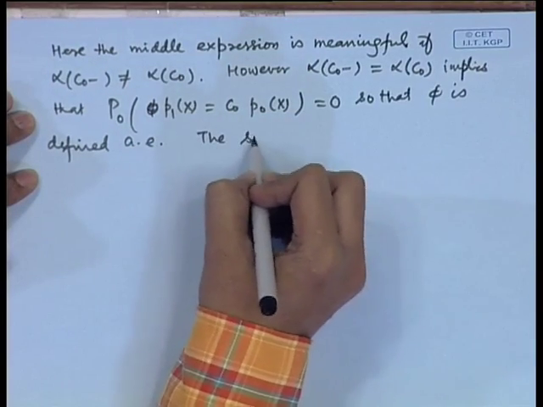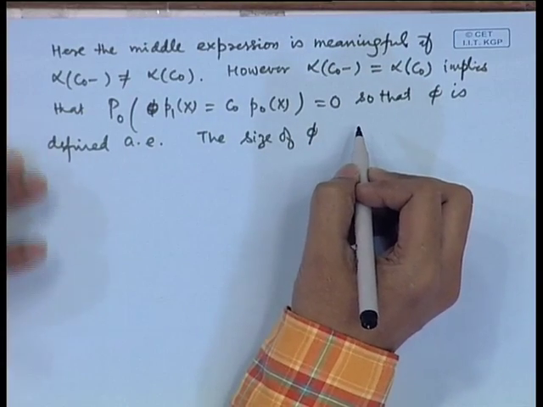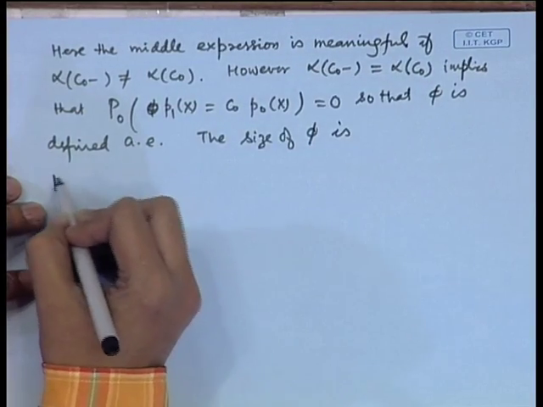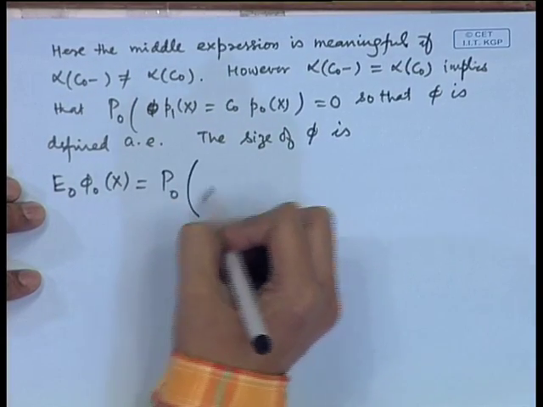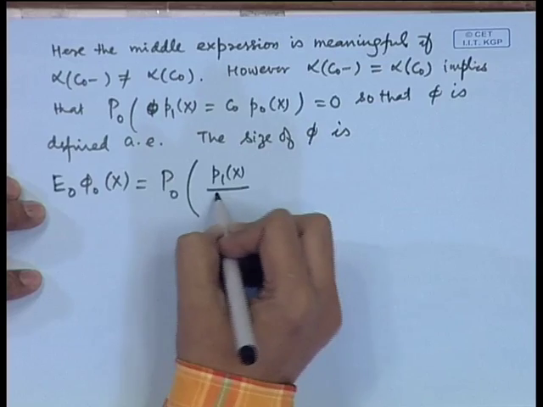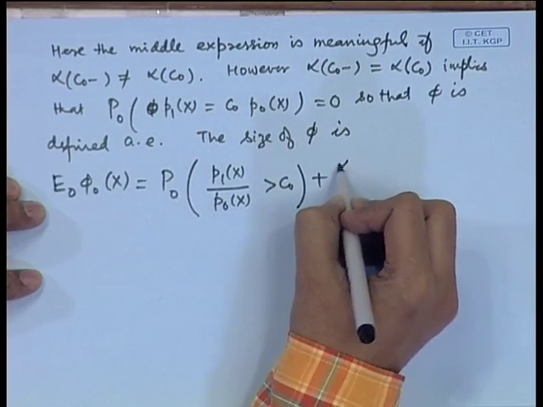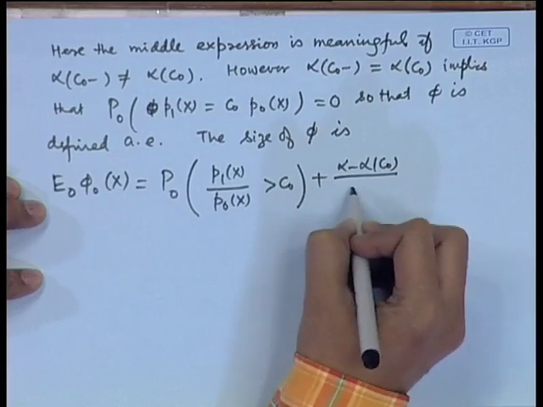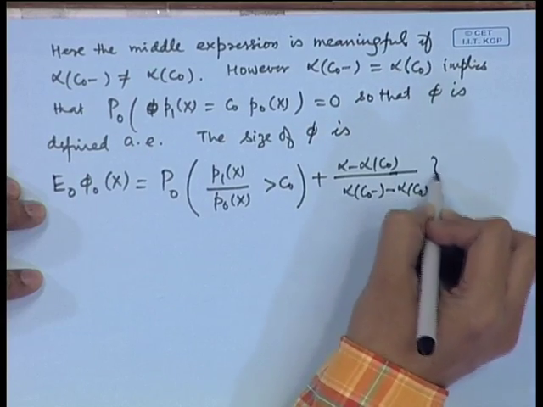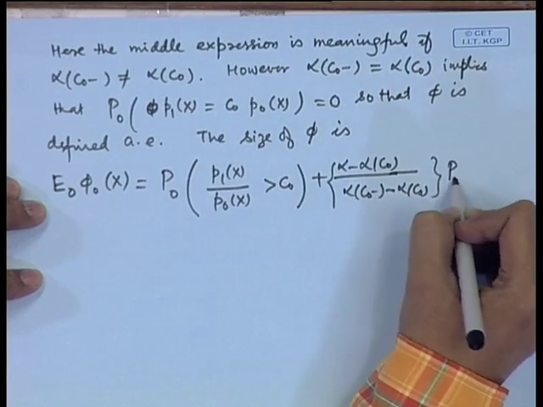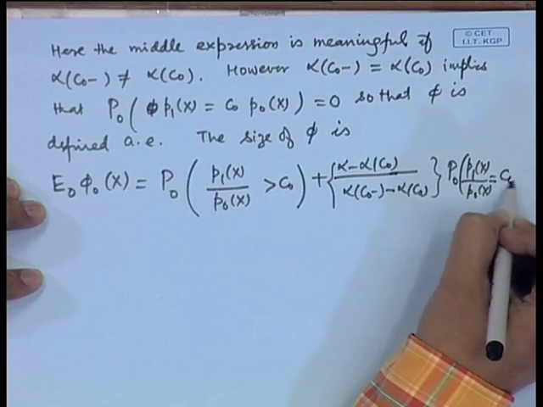Now, let us look at the size of phi, that is the probability of rejecting when H naught is true. That is probability of P 1 x by P naught x greater than C naught plus alpha minus alpha C naught divided by alpha C naught minus alpha C naught into probability of P 1 x by P naught x is equal to C naught.